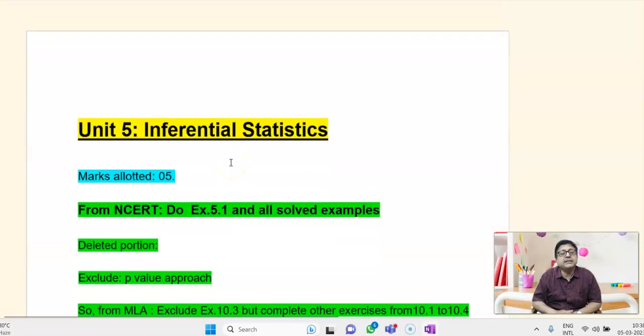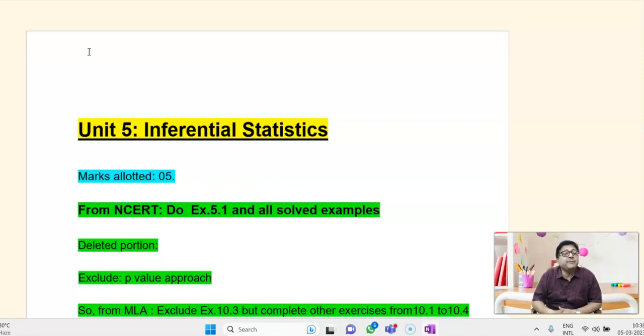Like inferential statistics. Inferential statistics, what to do? Inferential statistics, you must know what is sampling. All the terms related to sampling you must learn properly. Population, sampling, mean, variance, standard deviation of those terms, and then framing of confidence interval.